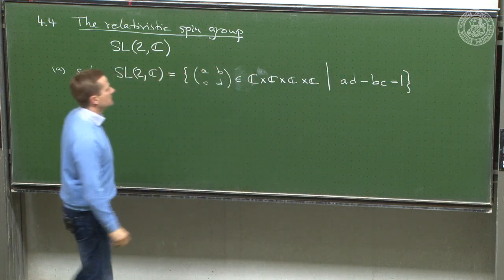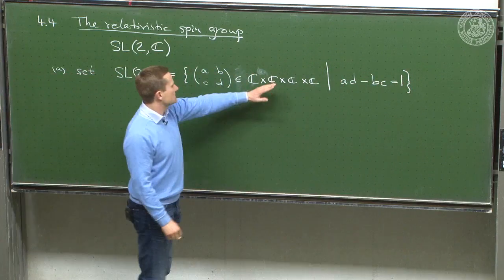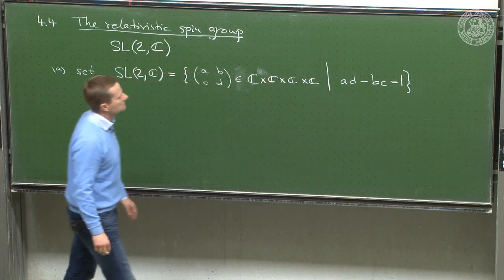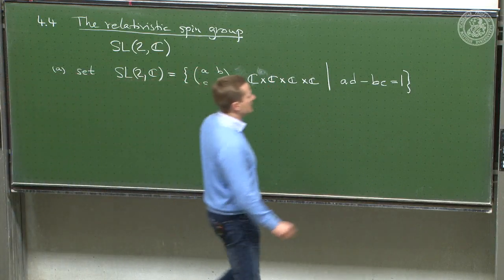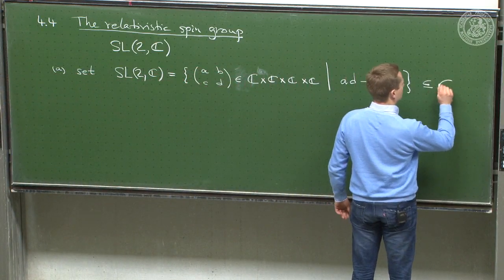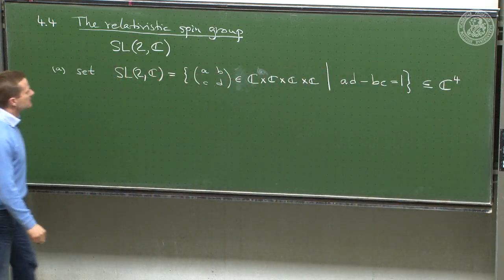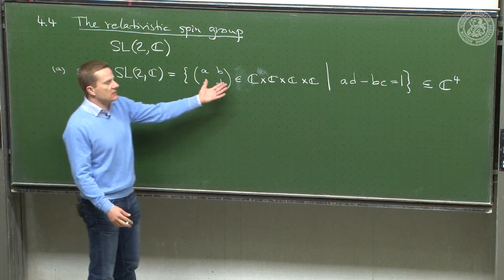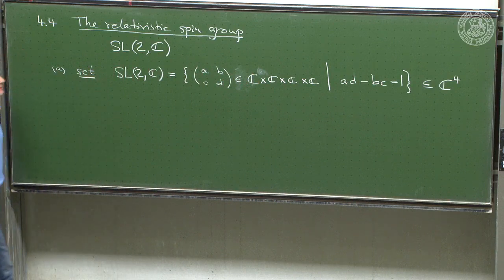That's my condition. So obviously this is a set, a restricted comprehension, there is a condition here. And it's a subset, obviously, of what we denote by C^4, which is the short form of this. And this is SL2,C as a set. These are the elements of the set. There is nothing to be said beyond that about the set.